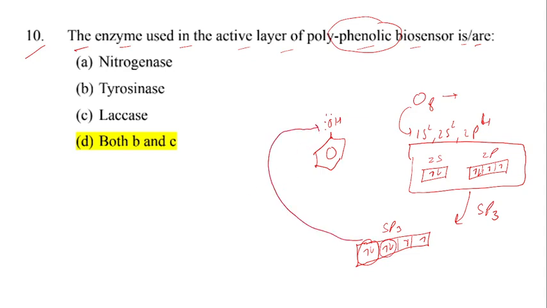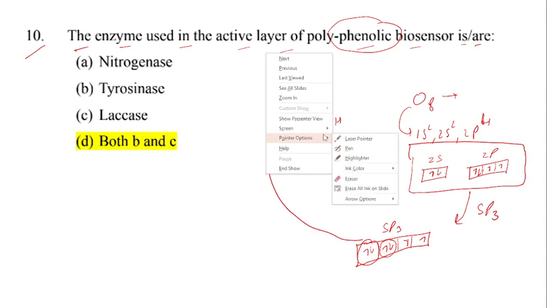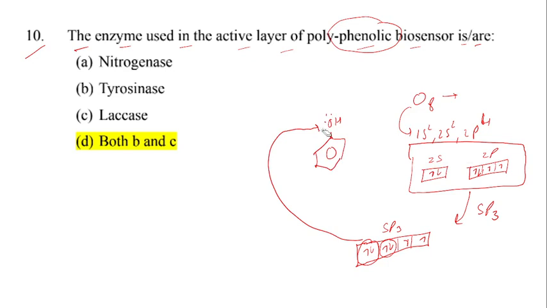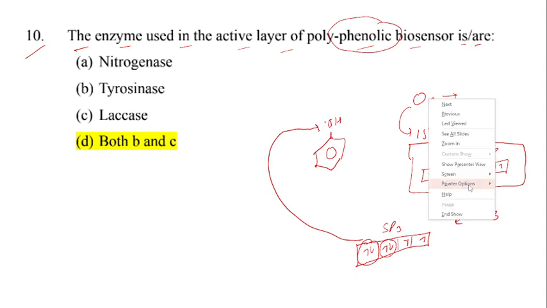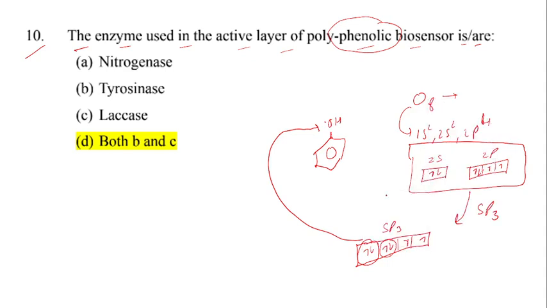By dots it might be a little confusing, but we can draw the complete orbitals, and these 2 orbitals have 2 electrons each.